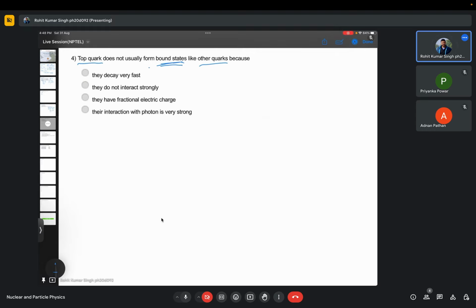And the question is why it cannot form bound states like other quarks. Option one, the top quark decays quickly. Yeah, they decay quickly. Now, why do they decay quickly?